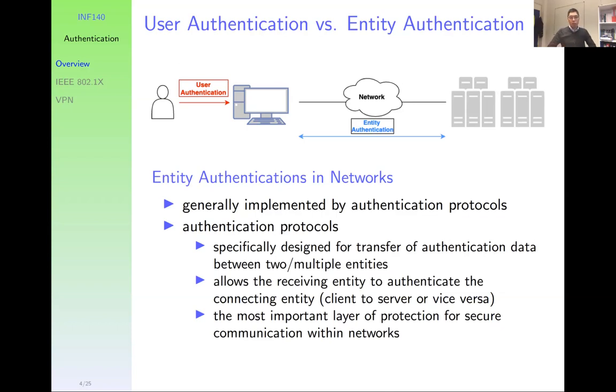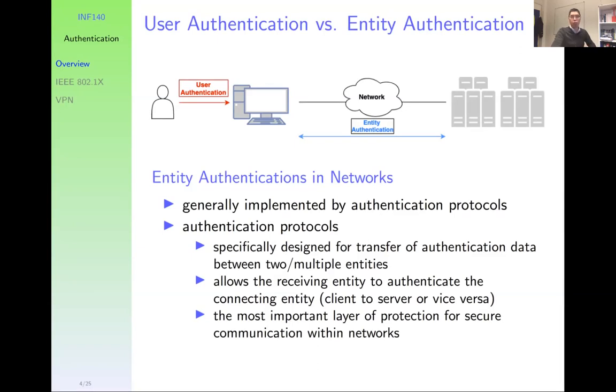In general, these processes are implemented by authentication protocols. These protocols are specifically designed to transfer authenticated data between two parties or multiple parties. They allow the receiving entity, like here, to authenticate the connecting entity, like here.